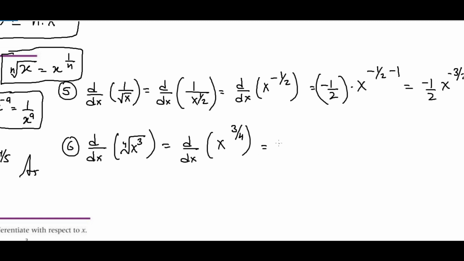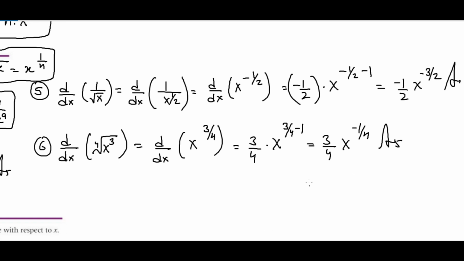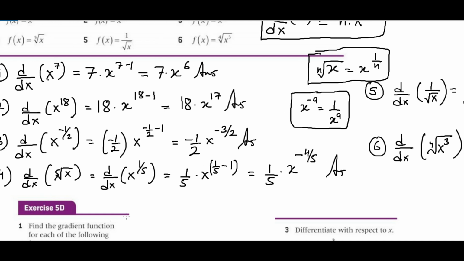So we write it as 3 by 4 times x to the power 3 by 4 minus 1. So we can say 3 by 4 x to the power minus 1 by 4. That's the answer. Or you can manipulate it as per your wishes, like bring the 3 by 4 down and create a fourth root of x so that the power becomes positive. Okay, let's proceed further.